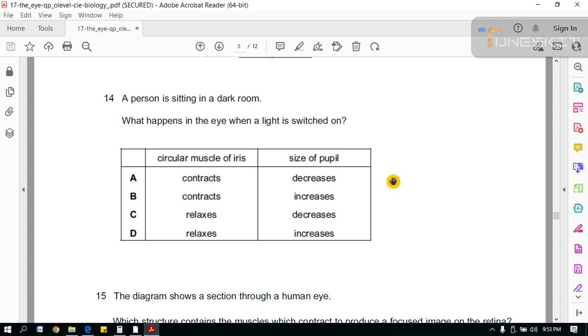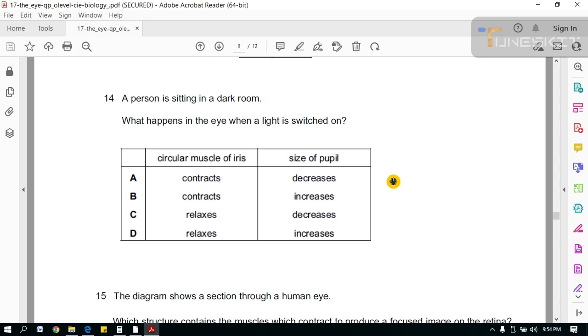When suddenly light is switched on, what happens to the size of the pupil and the circular muscles of the iris? Definitely when light is suddenly switched on in the room, the size of the pupil will decrease.